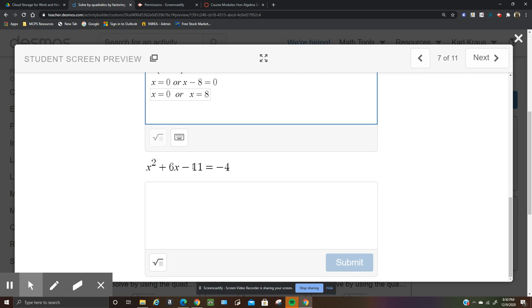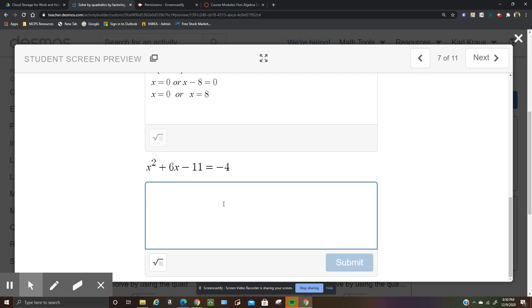And then this last one here, you're going to add 4 to both sides to get everything on one side equal to 0. So x squared plus 6x minus 7 equals 0.